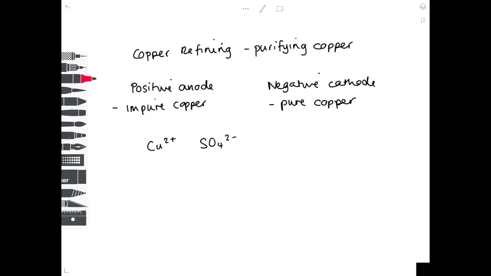And what you find here, as you would expect, is that opposites attract. So that Cu2+ is attracted to the negative cathode and it undergoes reduction, which means it gains 2 electrons to become solid copper. As the solution gets used up, what you find is that the impure copper at the positive anode dissolves.